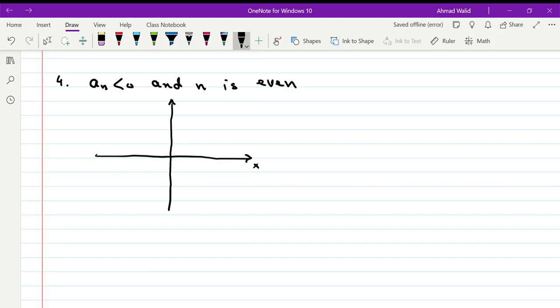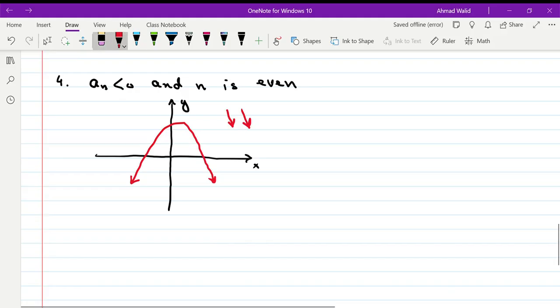X, y, a very simple graph, a parabola. Both sides of the graph go down. The left side falls down, the right side falls. Correct? That's the end behavior. Down, down. Or some people draw it this way. Down, down.